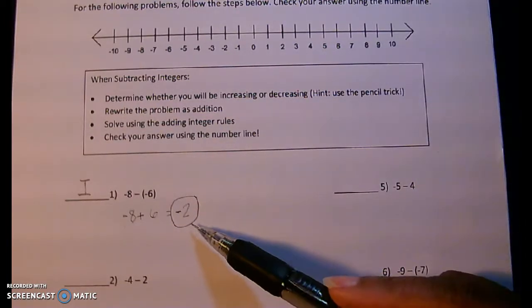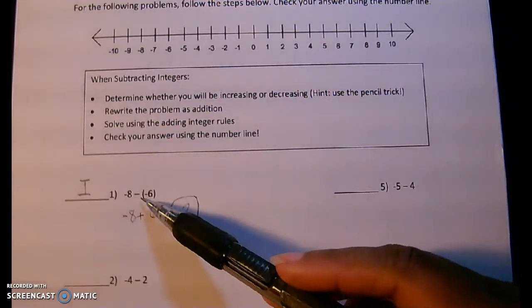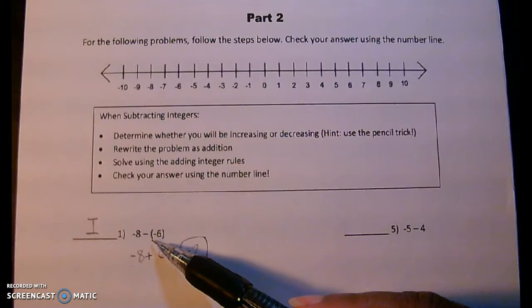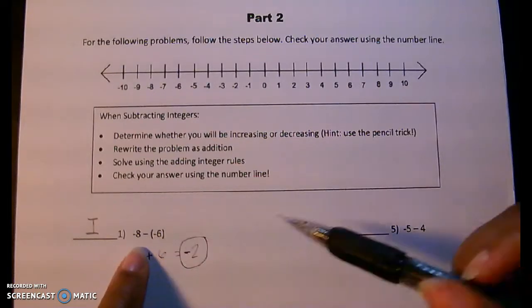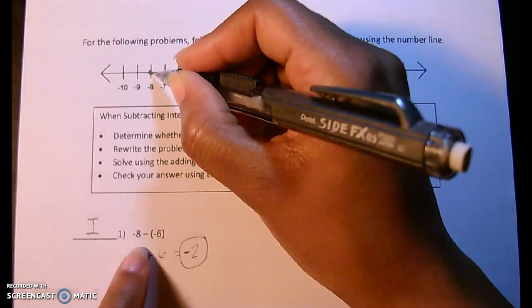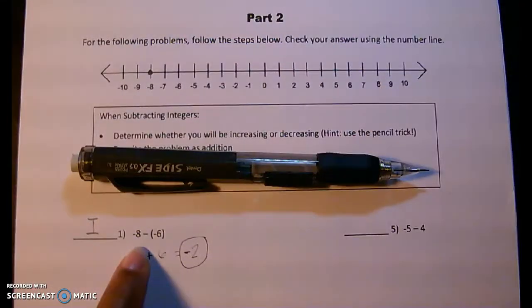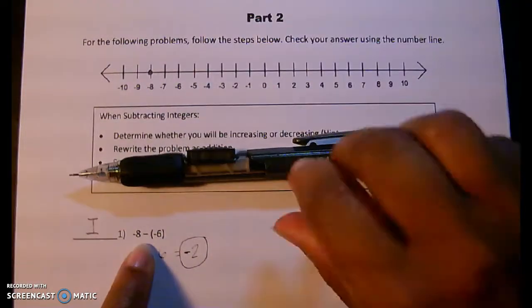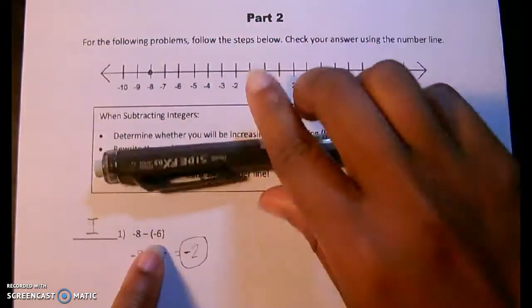Now, just to double check that on my number line, I'm going to test this out using the method that we used in part 1. So, I'm going to plot -8 on the number line, set my pencil down, -8 minus -6.